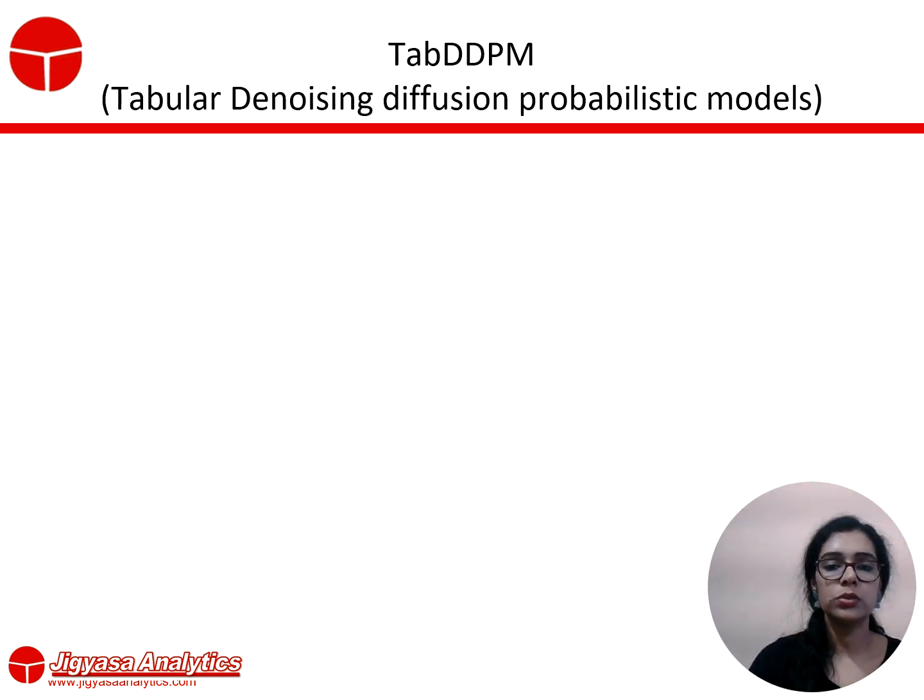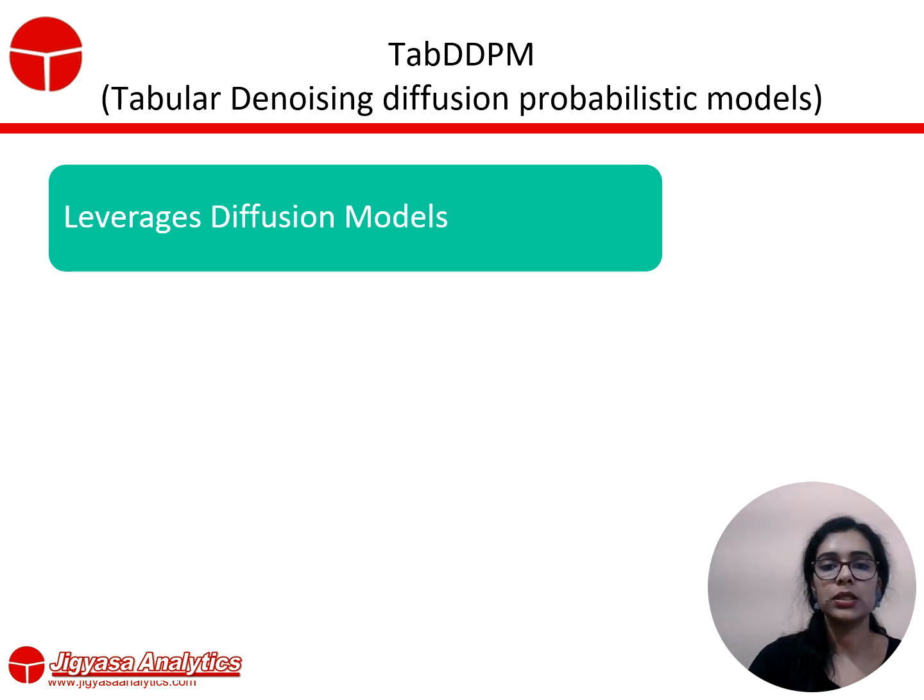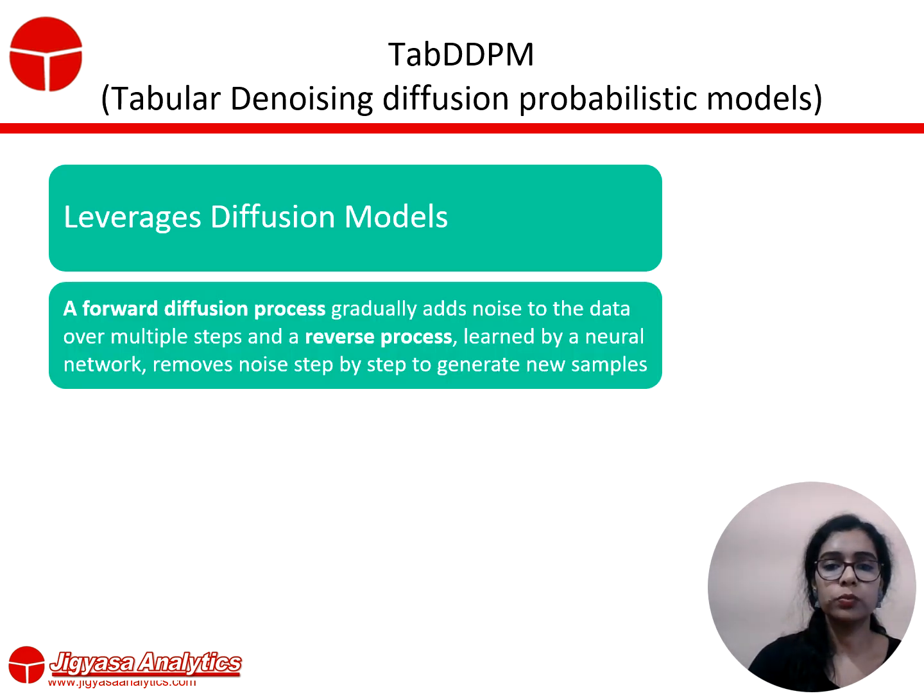Let's now turn to TabDDPM. TabDDPM stands for Tabular Denoising Diffusion Probabilistic Models. It uses diffusion models, which are popular in image generation but are now being applied effectively to structured tabular data. The core idea has two processes, a forward diffusion process and a reverse process. In the forward diffusion process, we gradually add noise to the real data over many steps.